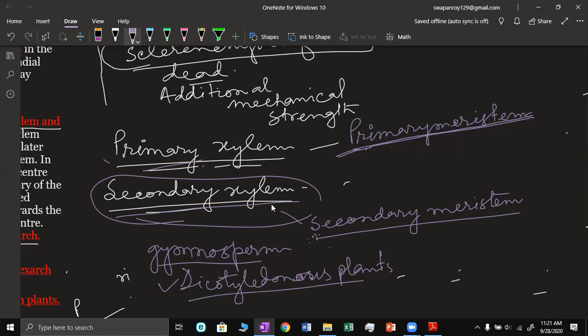The secondary meristem is fascicular and interfascicular during secondary growth. This secondary xylem is produced during secondary growth, and that takes place from the secondary meristem.